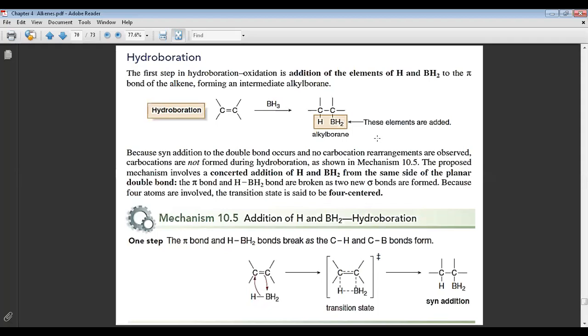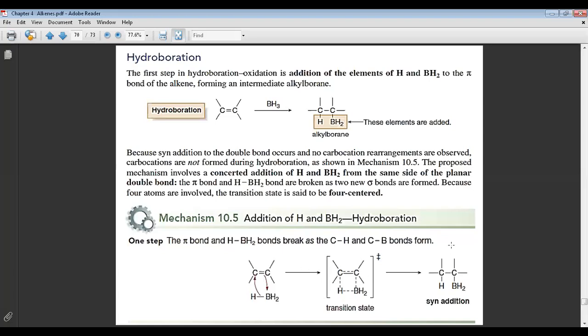For the planar double bond, yes, the pi bond and the BH, the hydrogen here, are broken. Look, that means this pi bond will be broken, and this BH bond will be broken to add to this carbon and give you this transition step, like this.